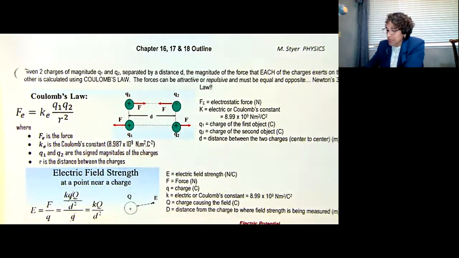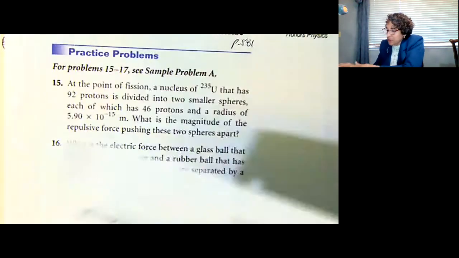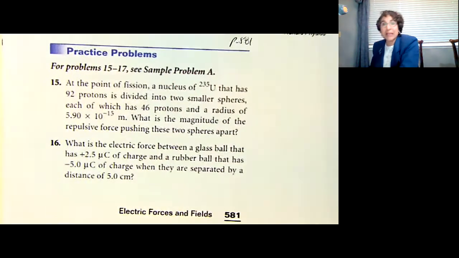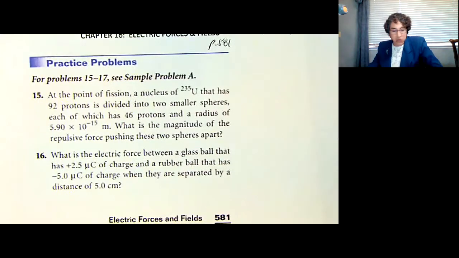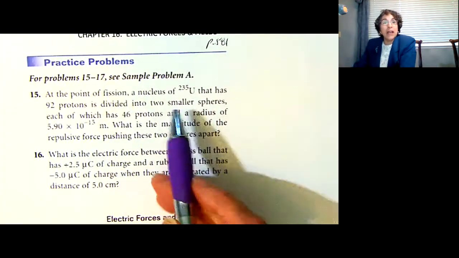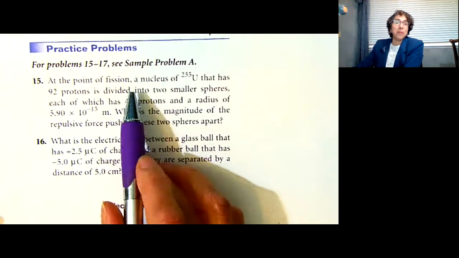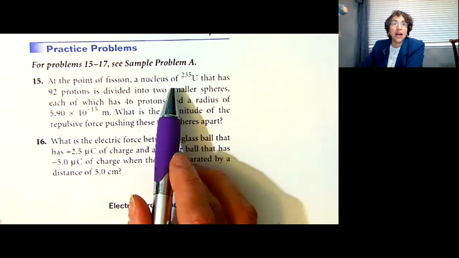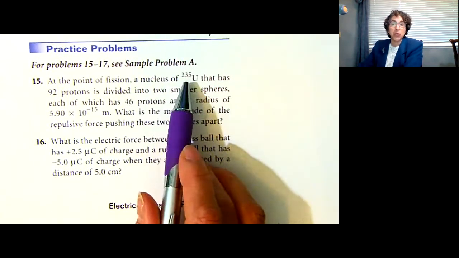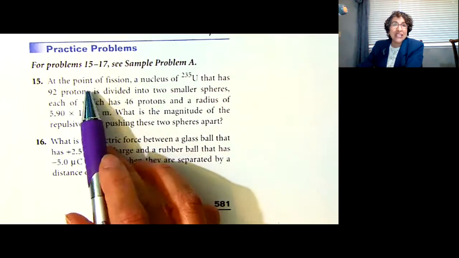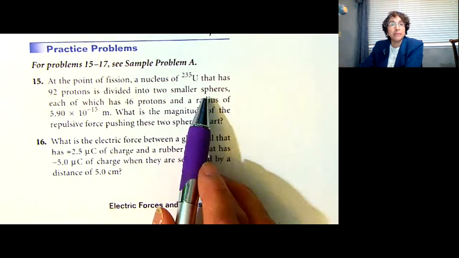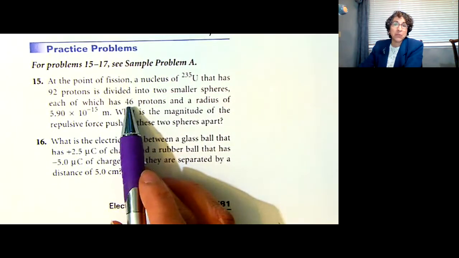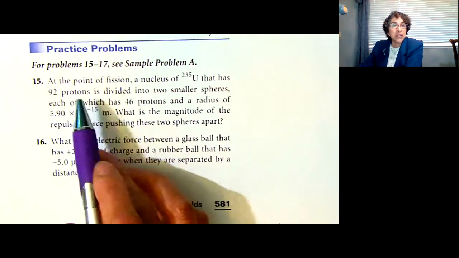All right, so let's take a look at the preparation problems. It's on page 581. We'll start with the first one. At a point of fission, a nucleus of uranium, atomic number 235, that has 92 protons, is divided into two smaller spheres, each of which has 46 protons. 46 plus 46 is 92.